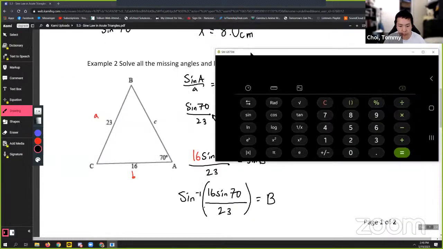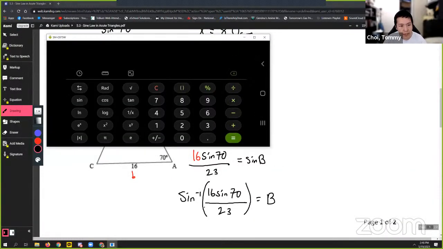Okay, fantastic. On a scientific calculator or an Android calculator, you type in sine inverse, you get your bracket here, 16. Notice how I'm literally just going to type it exactly as it's written. Divided by 23, close bracket.